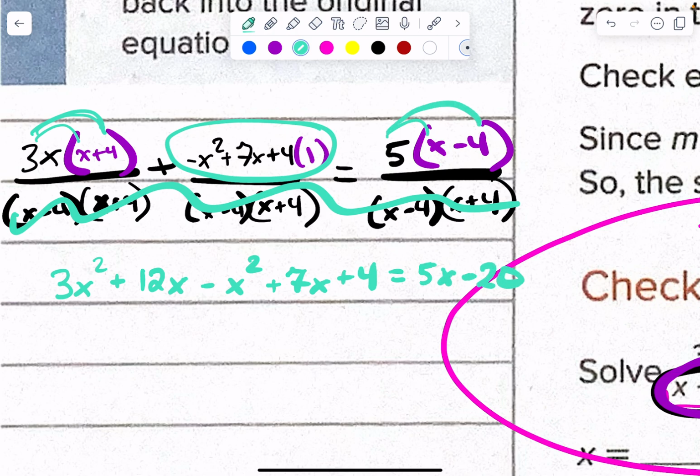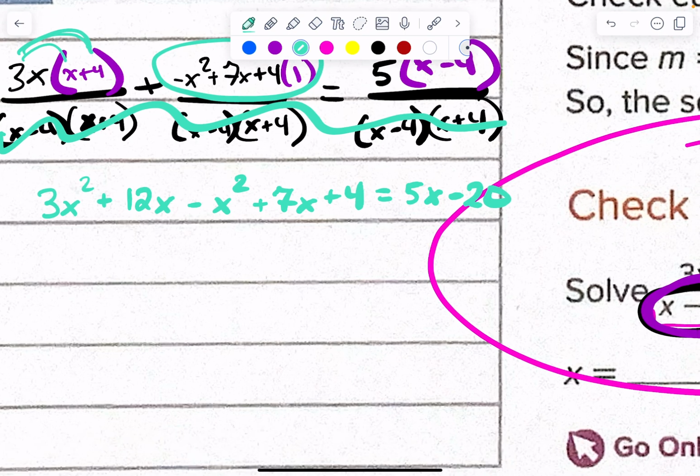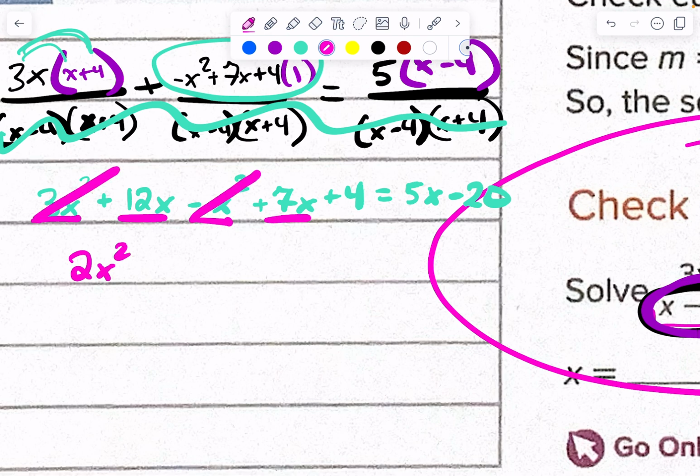Okay, let's see what we've got going on here. I'm going to combine stuff if I can. So this guy and this guy are on the same side. I can put those together. 3x squared minus x squared is 2x squared. Then I've got 12x plus 7x. I can put those two together. That is 19x plus 4 equals 5x minus 20.